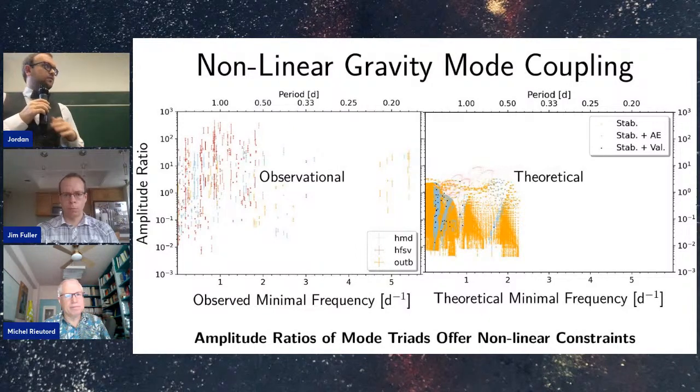And when we do that, we also should take into account the effect of an opacity table and try to get a better grasp of how these opacity gradients are inside these mode driving zones for one specific star or multiple.